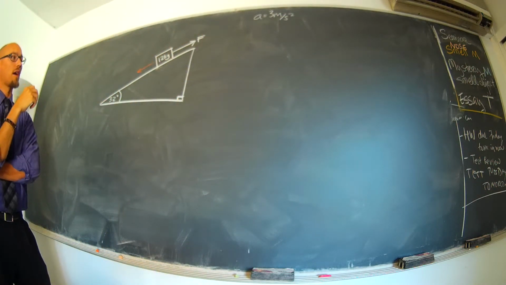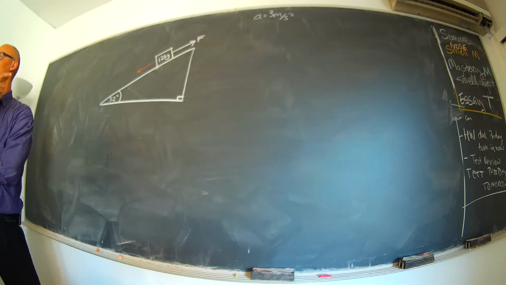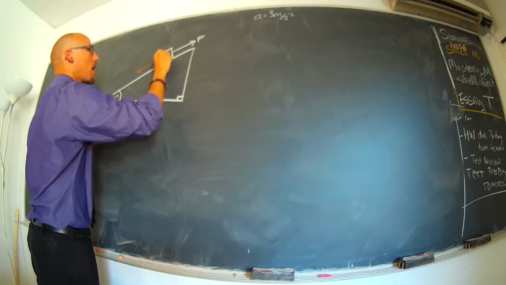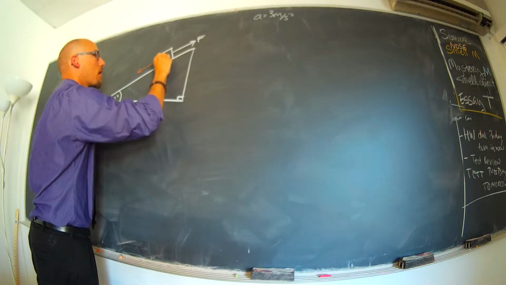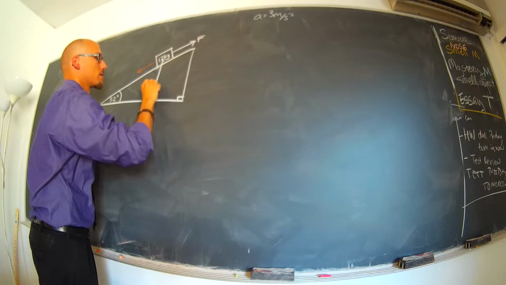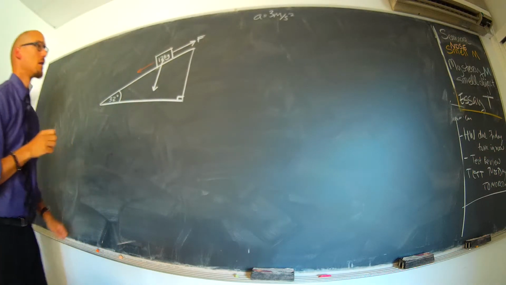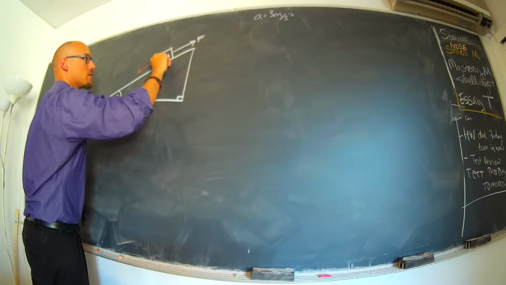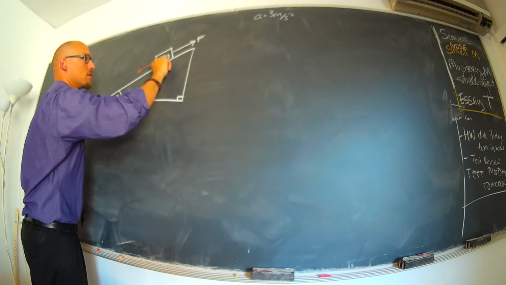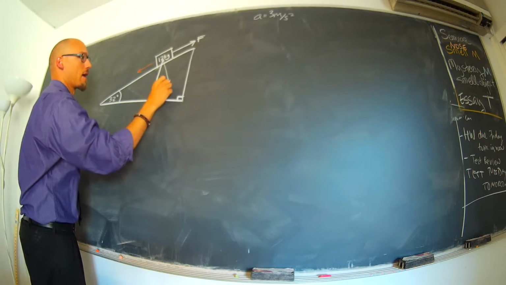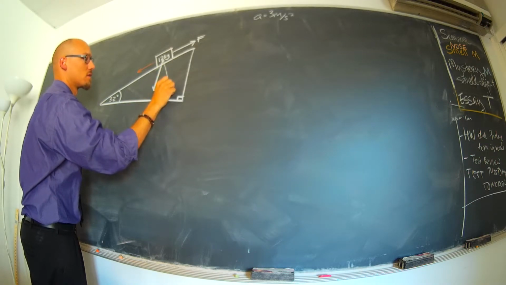Okay, so what are the other forces I haven't drawn yet? Gravity. Gravity wants this thing straight down. Let's break this down into its components perpendicular to the surface and parallel to the surface.